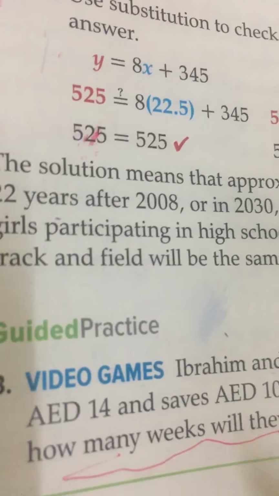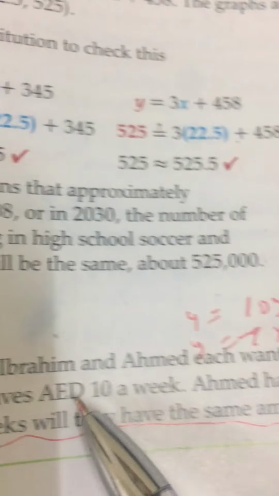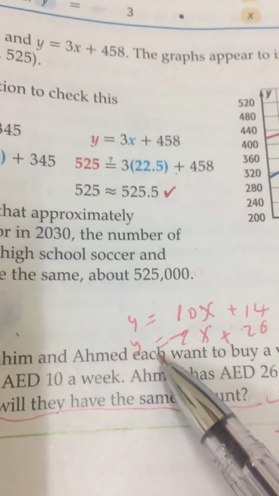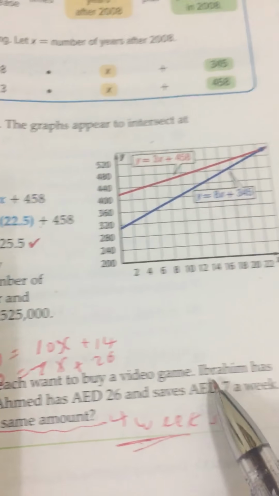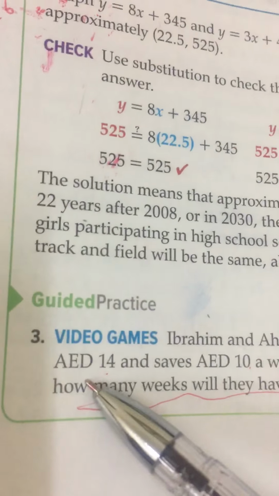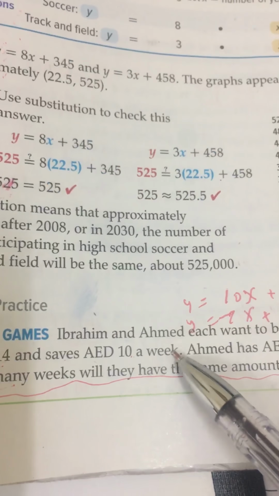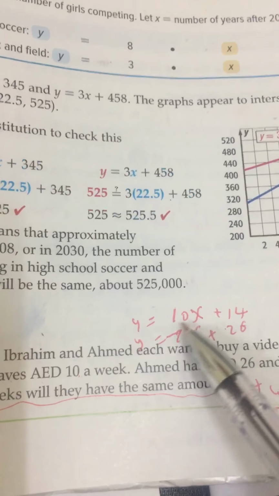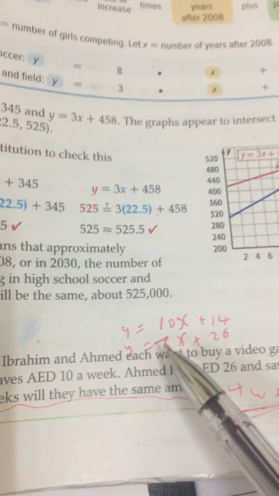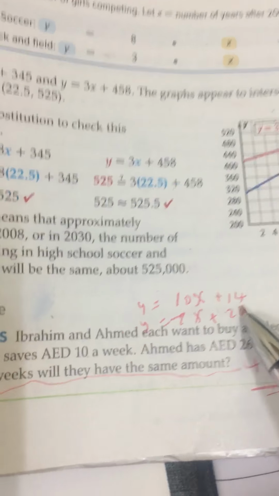Number 3. Ibrahim and Ahmed each want to buy a video game. Ibrahim has 14 dirhams and saves 10 dirhams a week. A week means 10x, and he saved 14, so plus 14.